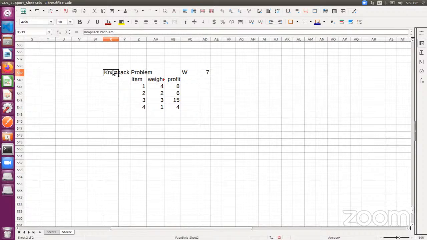So there are two types of knapsack problem. One is the fractional knapsack problem, and the other is 0 or 1. Fraction means you are able to take a fraction of an item. Suppose you go to a grocery shop.